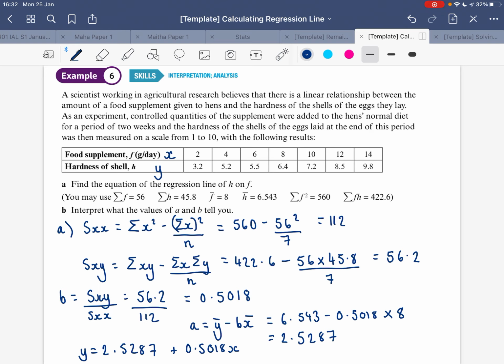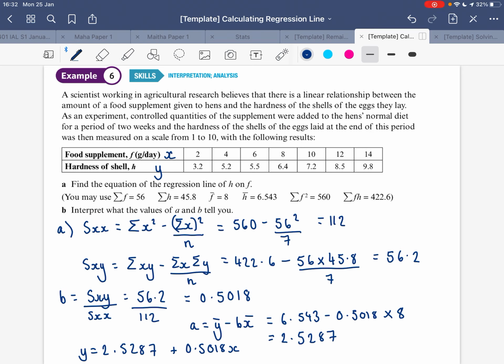You wouldn't want them to be really, really soft. 0 is only just outside of the range of F, the range of the supplement given, so it is reasonable to use that. It's quite accurate. 0 is quite close to 2, especially in relation to the size of the range we've used. We've gone all the way up to 14. So 0 is close enough to 2 that we can be quite sure that a value of 0 for F would give us a hardness of around 2.5.